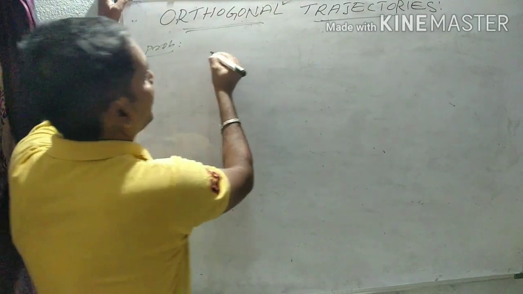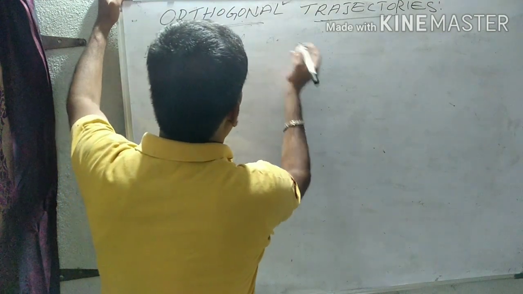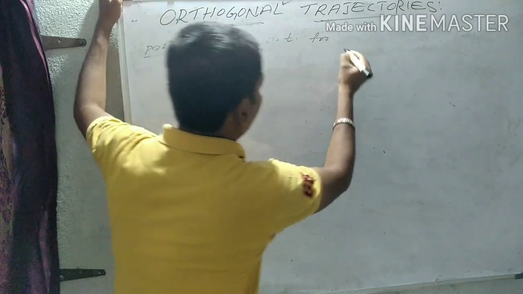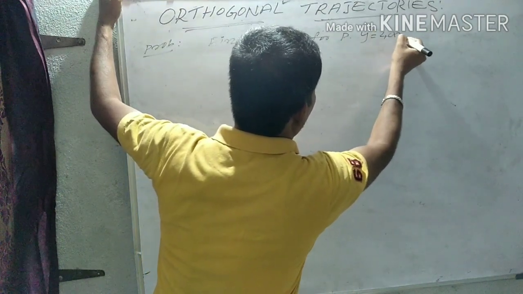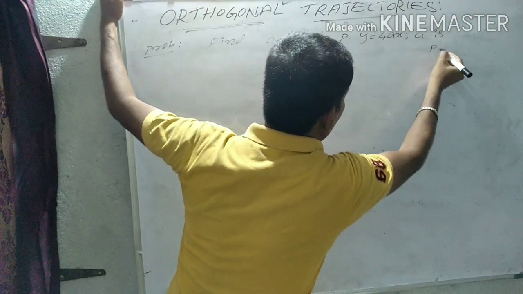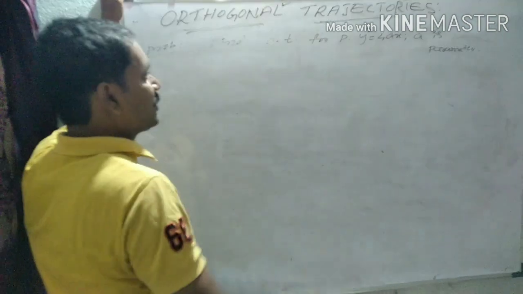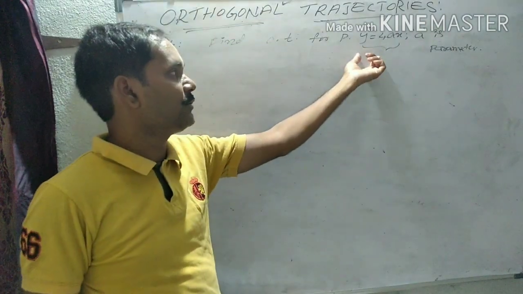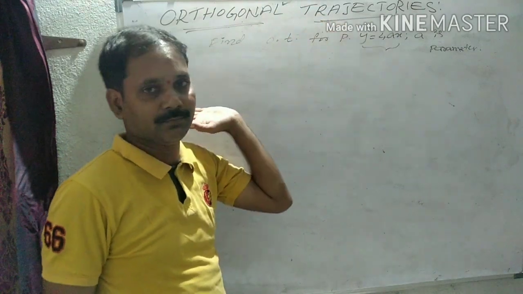Problem: find the orthogonal trajectory for the parabola y square equal to 4ax, where a is the parameter. This is the problem. So this is the given family of curves. We have to find the orthogonal trajectory of this one.